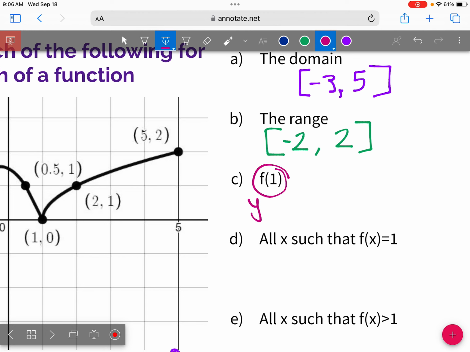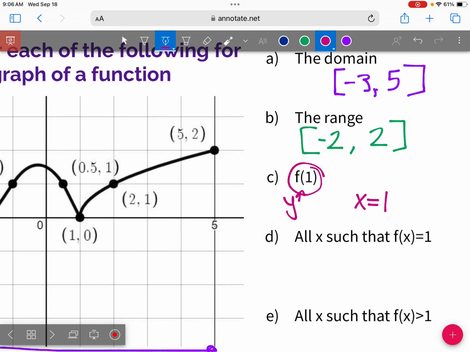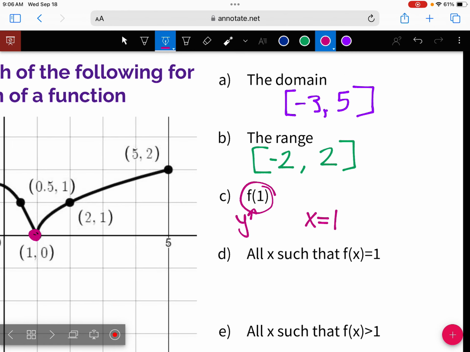What is the 1? x. Why is that? x equals 1. So what is the y value when x equals 1? 0. It's this guy. So f of 1 equals 0.